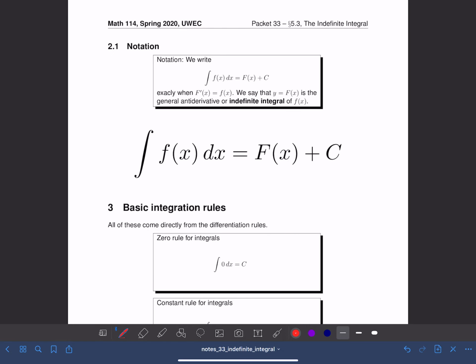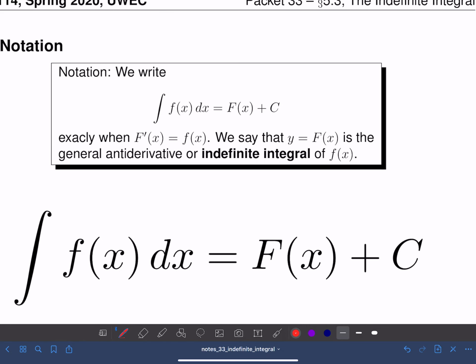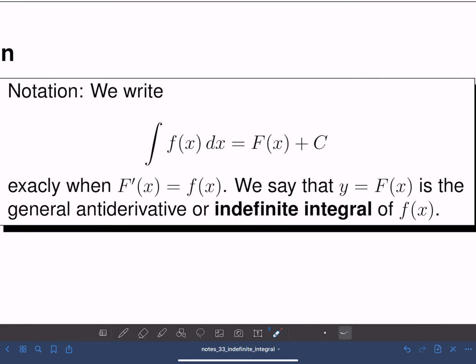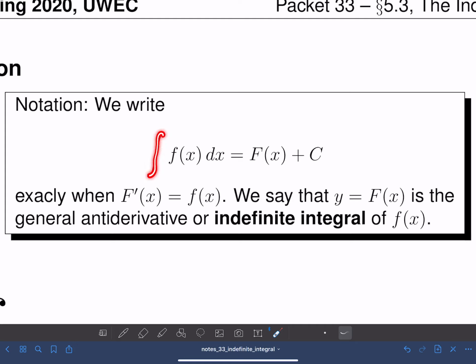Okay. So when do we get to write with this integral symbol right here? We're going to write that the integral of f of x dx equals capital F of x plus c exactly when this condition right here says that capital F is the antiderivative, and we get to say that y equals capital F of x is the general antiderivative or indefinite integral of lowercase f of x.